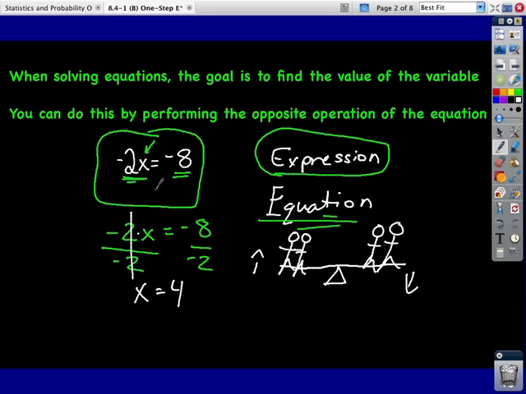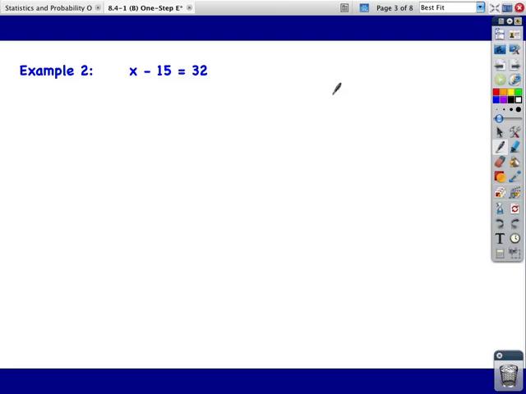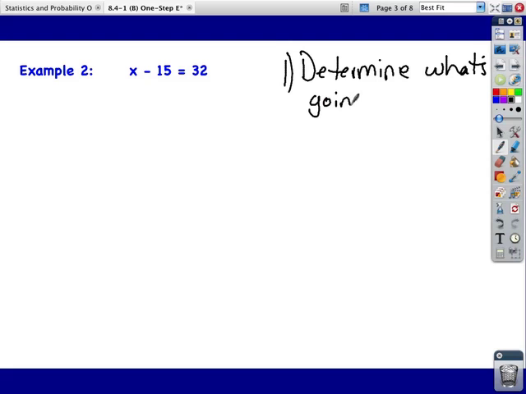So we're going to go over a few more examples. I'm going to outline some steps I want you to do for this. On all the problems in your worksheets, you have to show all the steps that you're doing. In this case, it's one step, hence the word one-step equation. The first thing to do is to determine what's going on to x, or going on to the variable.